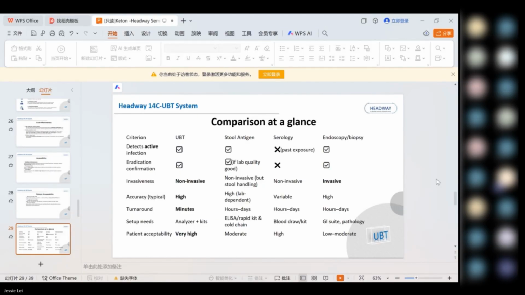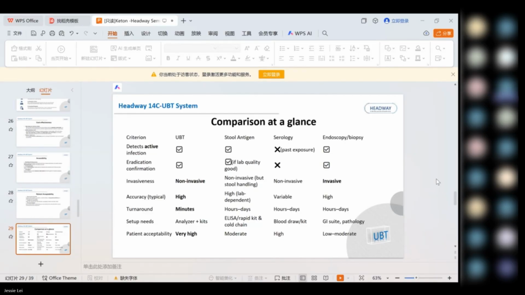For UBT, first, it is the gold standard, and the collection and storage of the sample are more friendly to the labs, because we collect the sample with the card, and the card can be kept at least 7 days. So the labs can also collect samples from other clinics. It's very friendly to the lab staff and to the patients.